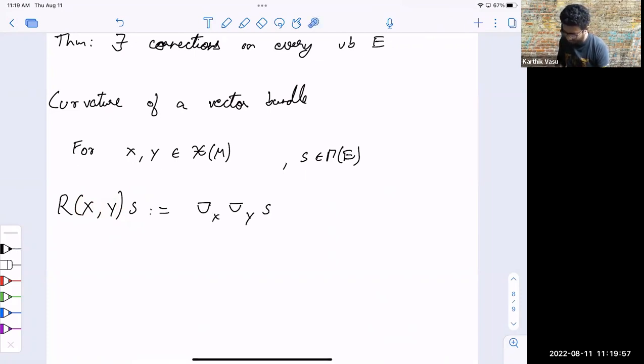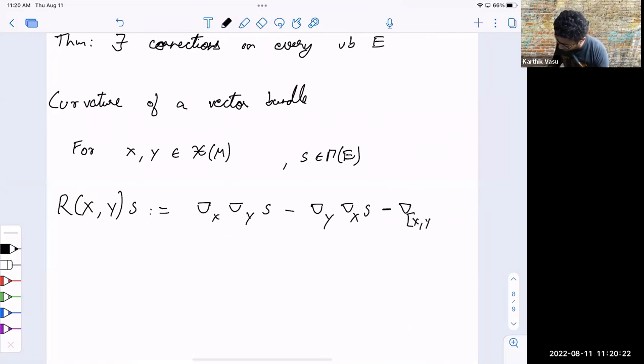What you do is first directionally differentiate S with respect to Y, then differentiate it in another direction, and take their difference. So differentiate with respect to Y then X, X then Y, take their difference. And a further thing you will have to subtract is nabla of [X,Y]. This is also a new vector field. I'll say what this is.